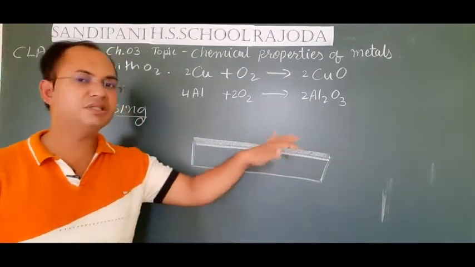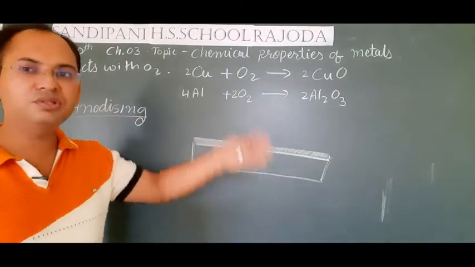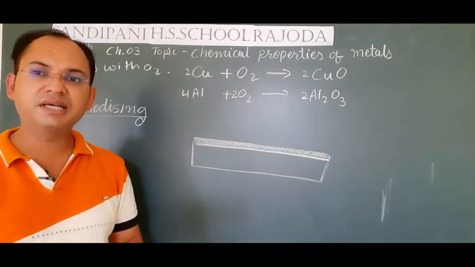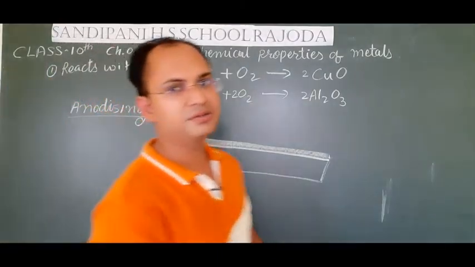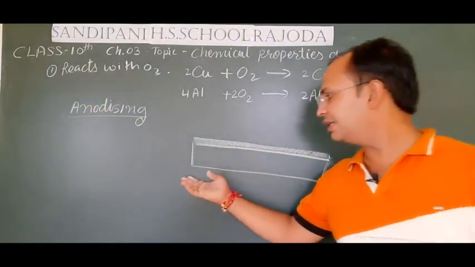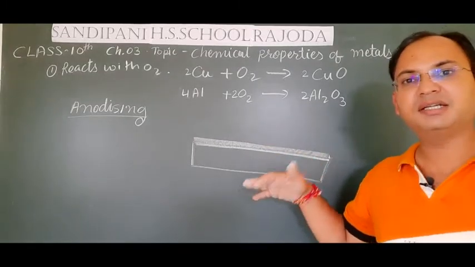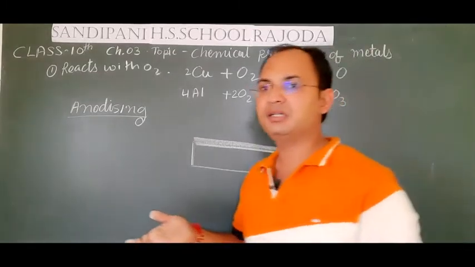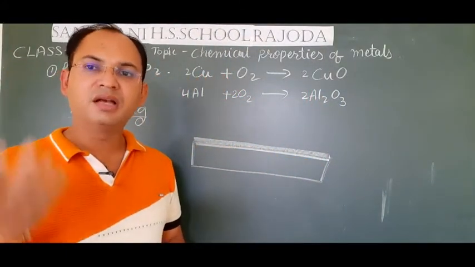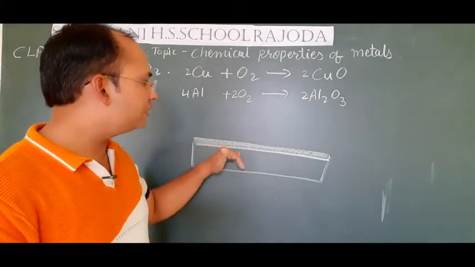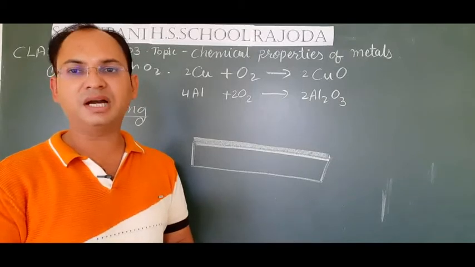The second importance of this anodizing is that this corroded surface of aluminium oxide can easily be colored with beautiful colors. As you know, the surface of the aluminium cannot easily be colored, but this surface of aluminium oxide can easily be colored with the help of different types of colors. So we can easily color the surface of the aluminium article, as well as prevent further corrosion of the aluminium inside the bulk of the article.